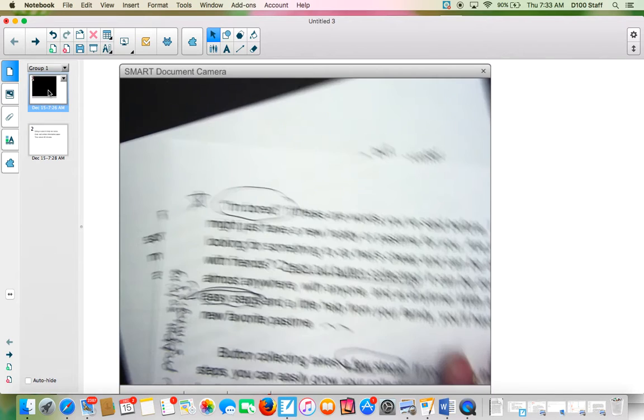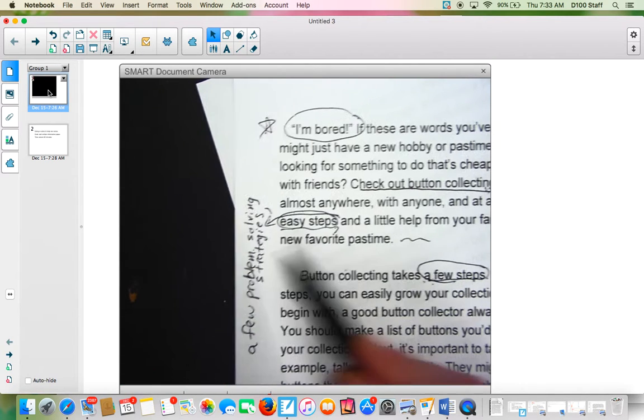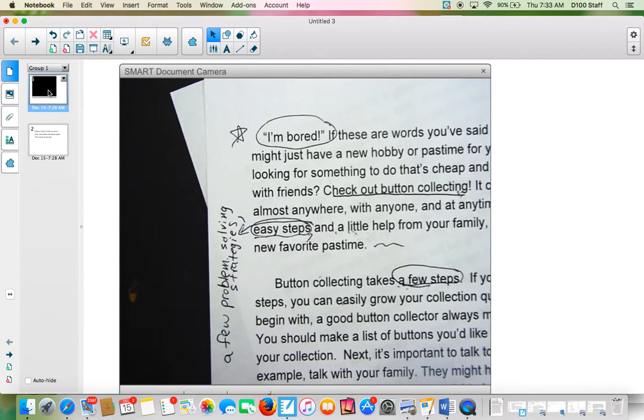So I can use my commas there. I could say with a few easy steps, comma, add this, because that's what's going to be in the third paragraph, and mention it here in my introduction.